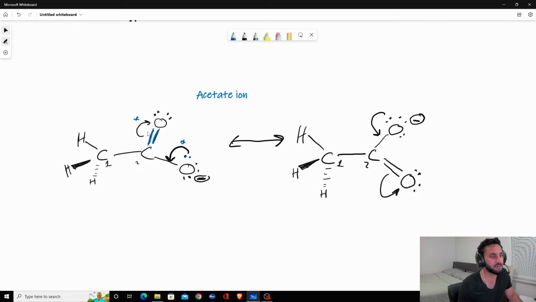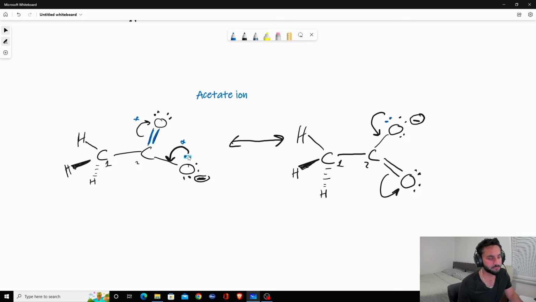And you can see that over here the pi system is broken, and a pair of electrons is donated to this oxygen, and we can see on the right here that these are the pair of electrons that were broken from this pi system.